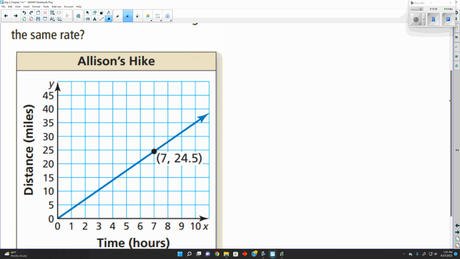Well, the first thing we would really need to do is find the slope. And then we can find the equation. Did they give us 2 points? $24.5. So we can use 24.5 as our first y value minus the other y value, which is 0.